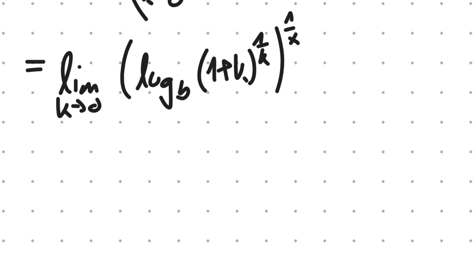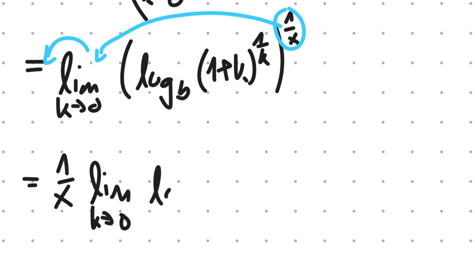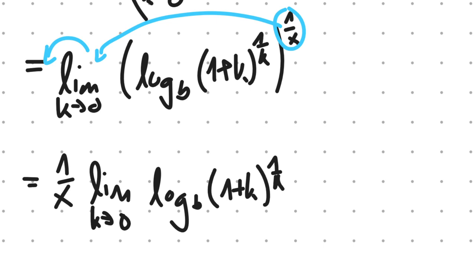So now we would have 1 over x in the front, and because it's a constant with respect to k, we would have 1 over x times the limit as k approaches 0 of the logarithm of b of 1 plus k to the 1 over k power.